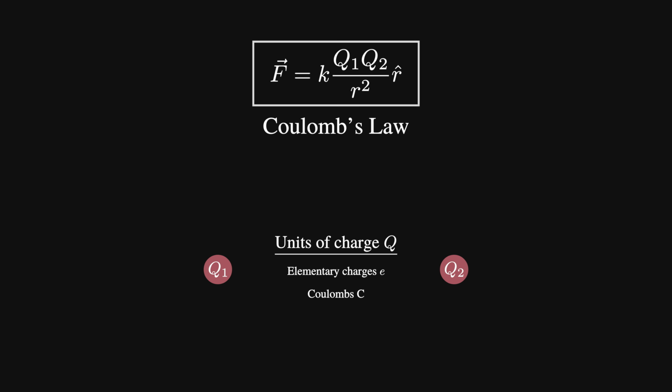At this scale, we instead tend to write charge in terms of the unit coulombs, which is denoted by a capital C. 1 coulomb is roughly 6.24 times 10 to the 18 elementary charges. Equivalently, 1 elementary charge is 1.6 times 10 to the minus 19 coulombs.